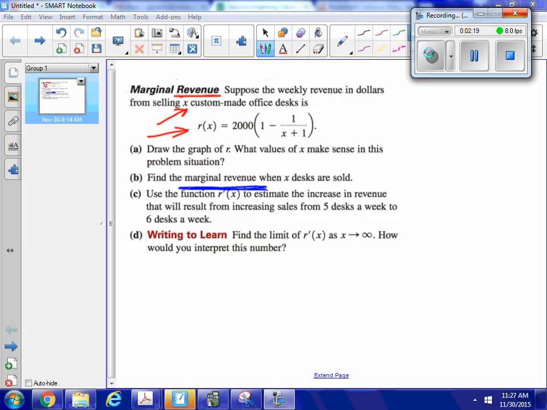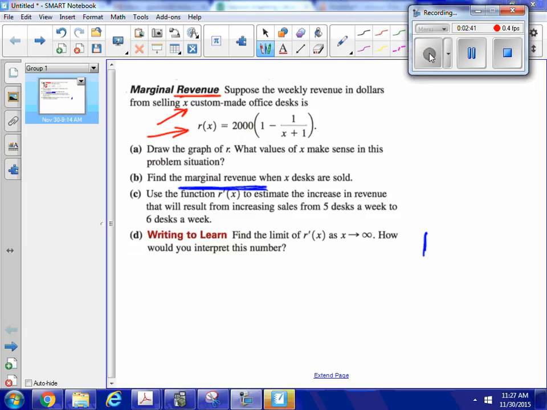What is going to be my increase or my decrease in revenue? What is going to be the rate of change in my revenue? So marginal is basically referring to delta y over delta x, which we know is represented by the derivative of the function at a particular point x. So let's calculate the derivative.